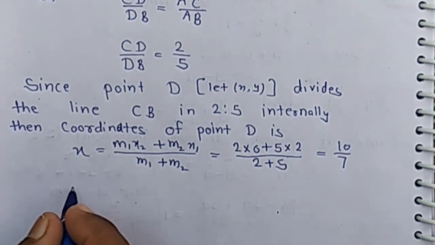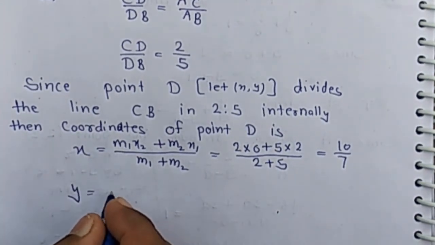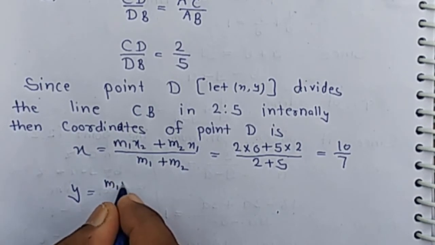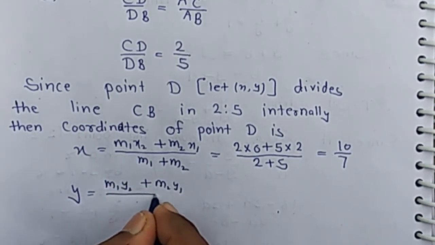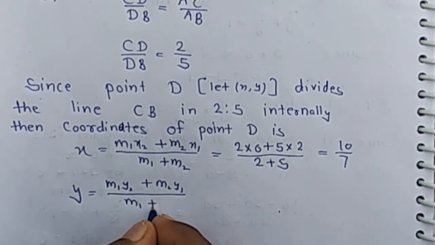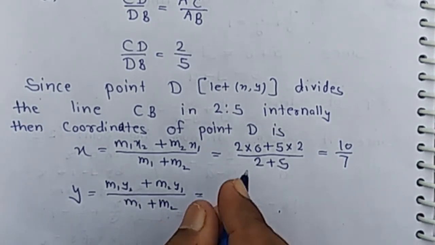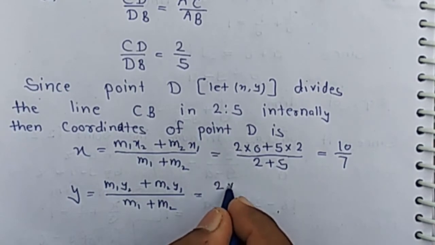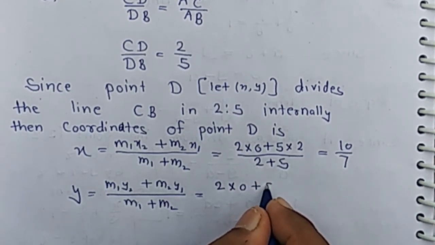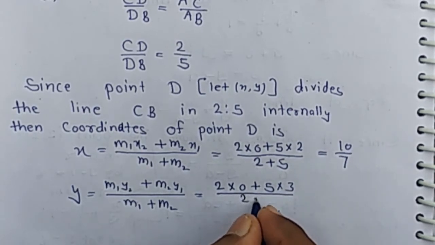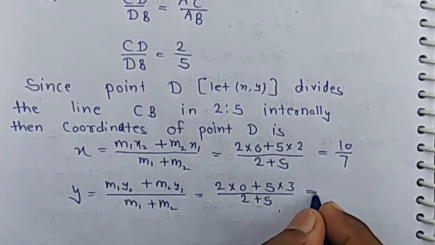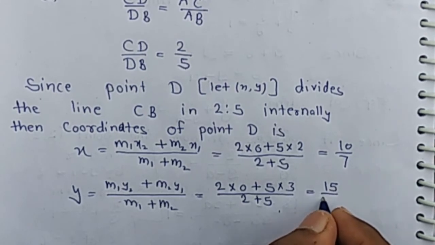Now y equals (m1 y2 plus m2 y1) by (m1 plus m2). m1 is 2, y2 is 0, m2 is 5, y1 is 3, by m1 plus m2, meaning 2 plus 5, and it is 15 by 7.